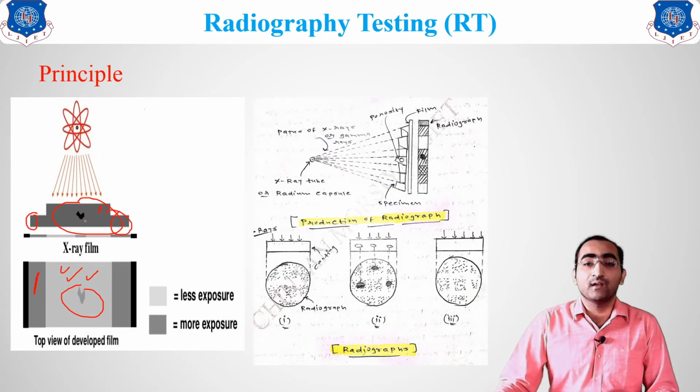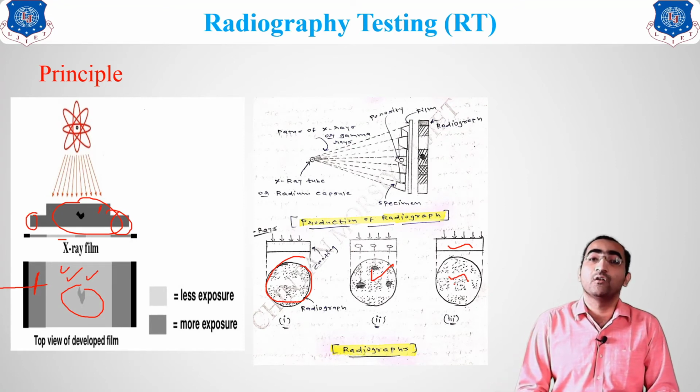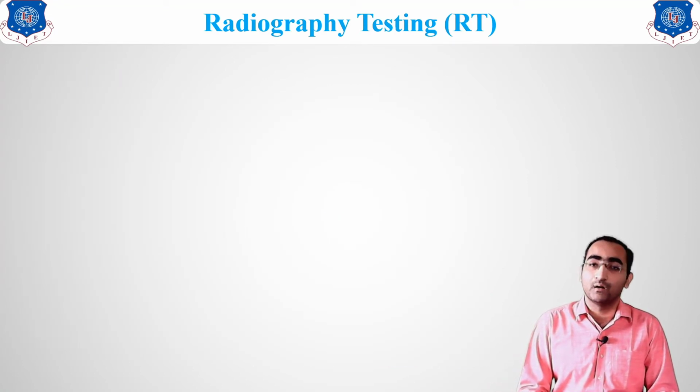So over here you can see the sample, this is the exograph, and if there is a defect on the sample, then you can find out the defects. This is no defect, there is a porosity defect, if there is a crack over here, you can see these things on the radiograph or the exograph.